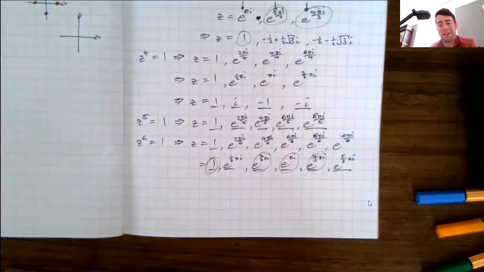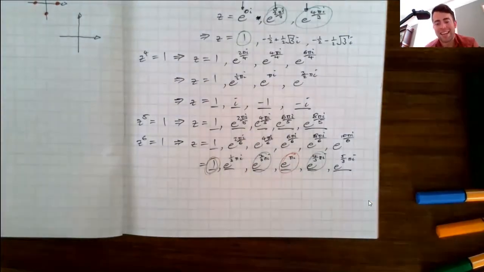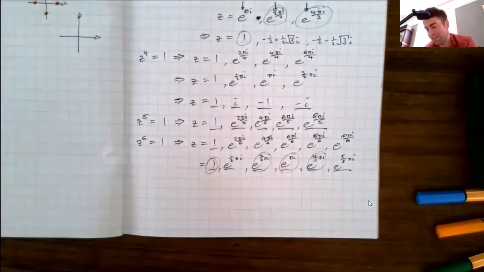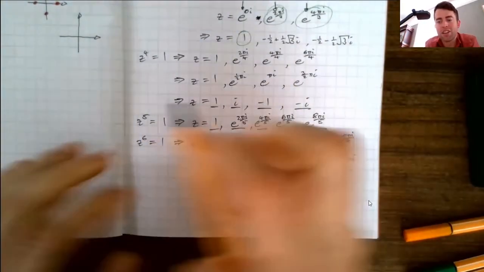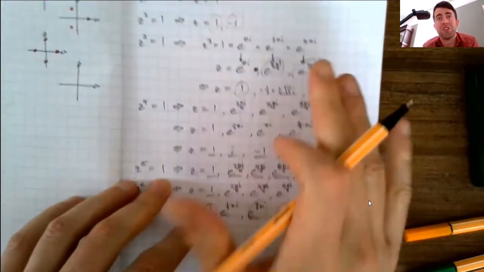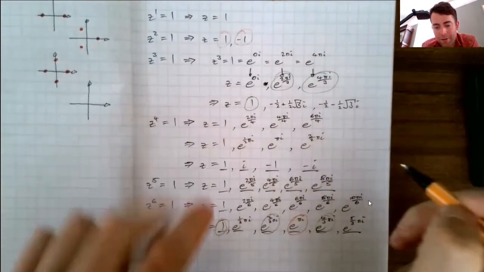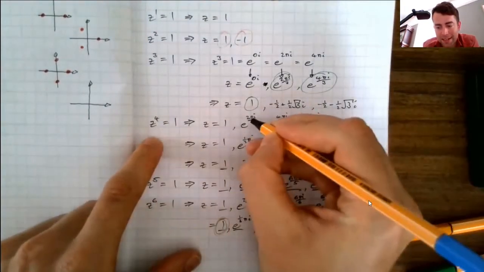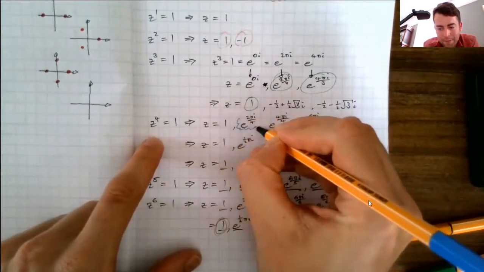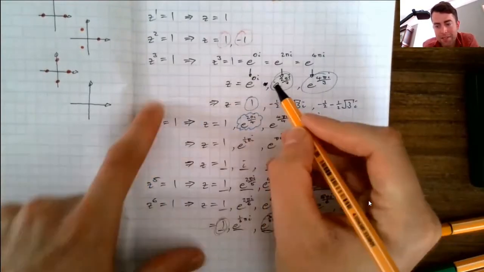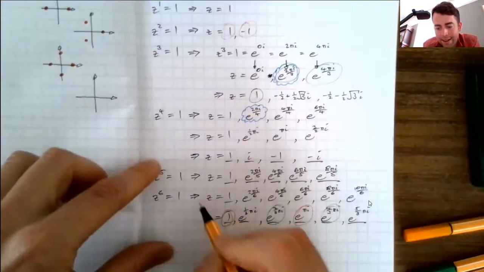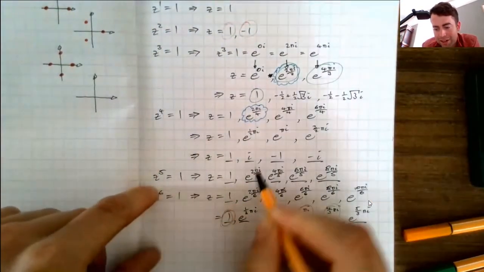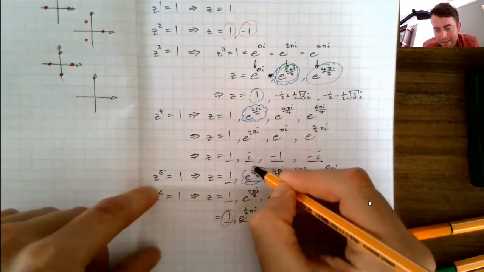One last thing that I want to mention, a good technique here, with any of these. If we take the first one that we wrote down that wasn't the number 1, so in z to the 4, that would be that one. In z cubed, it would be that one. In z to the 5, it would be that one.